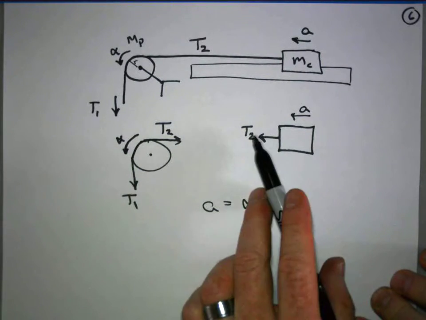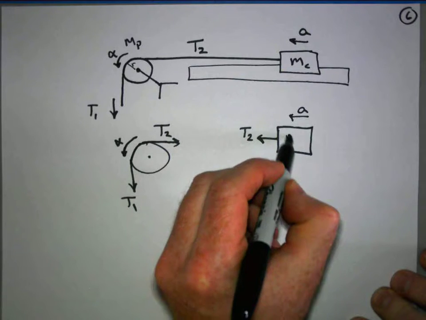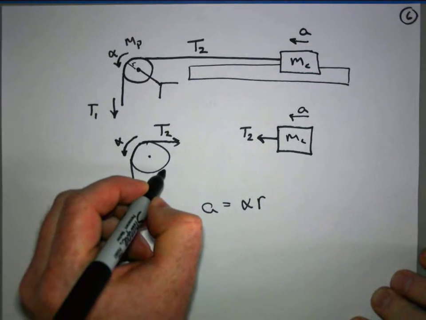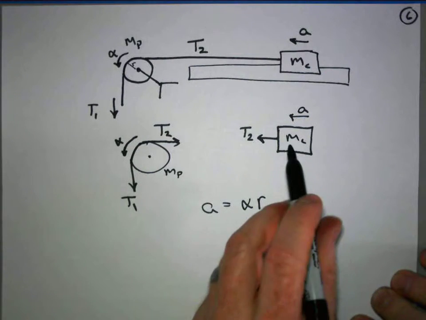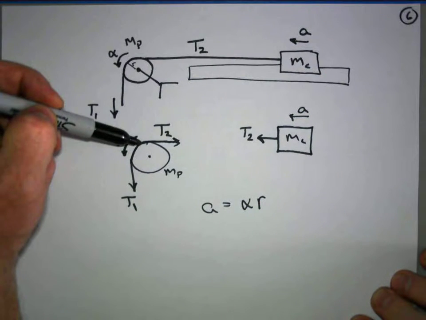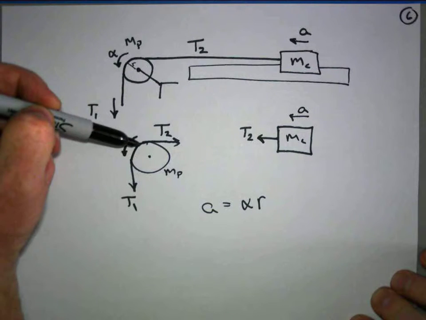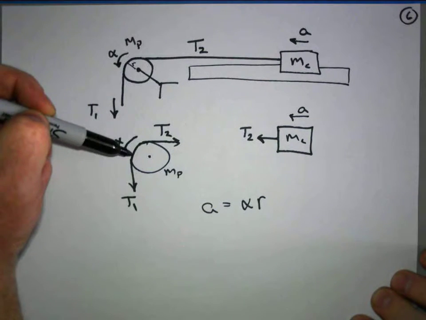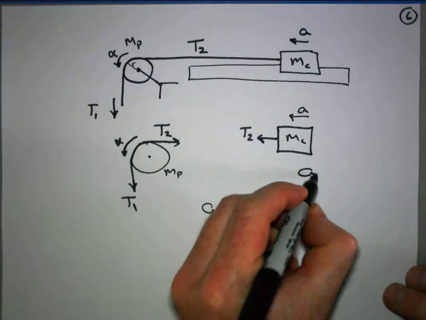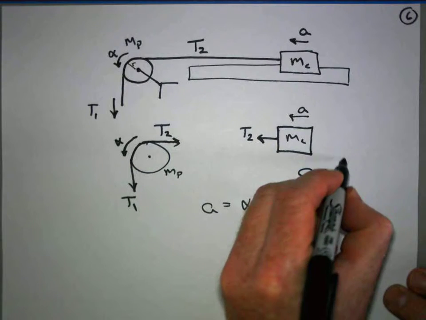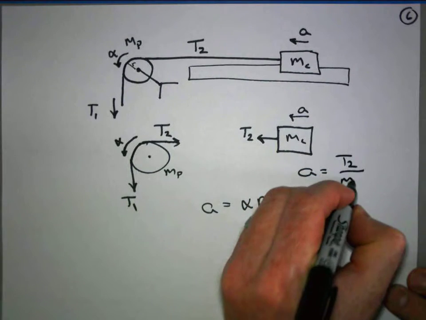Real easily, what I know from this situation, oh, by the way, don't forget there's mass of the cart and there's mass of the pulley. In terms of the linear acceleration at the rim of the pulley, that has to be equal to the acceleration of the cart. So if I solve for this, it's quite easy. It's just going to be T2 divided by mass of the cart.